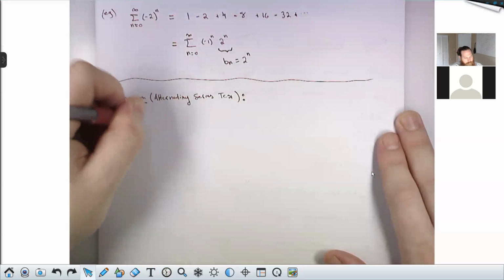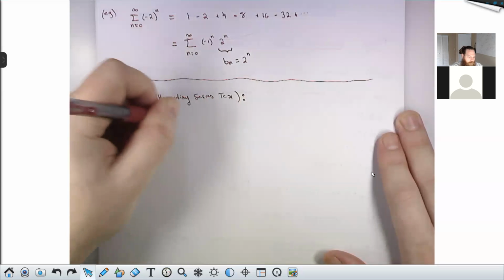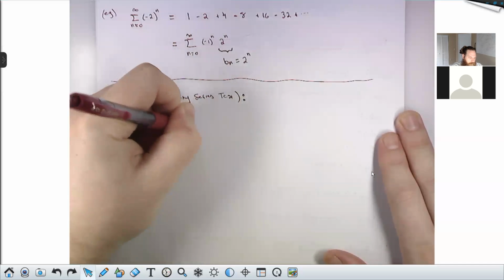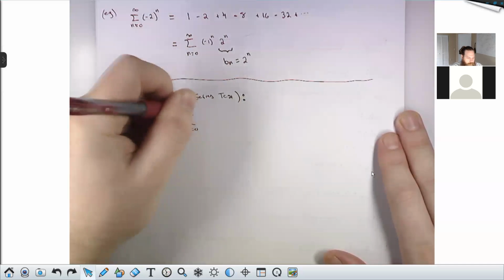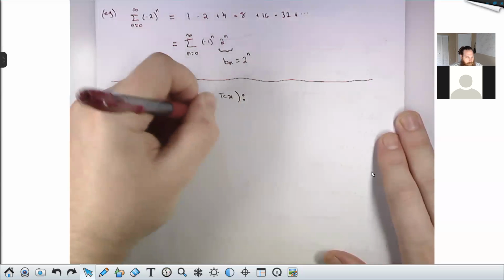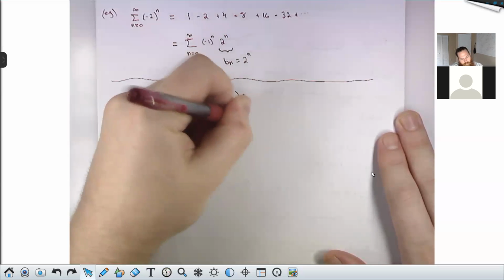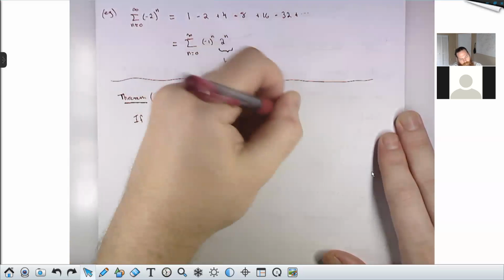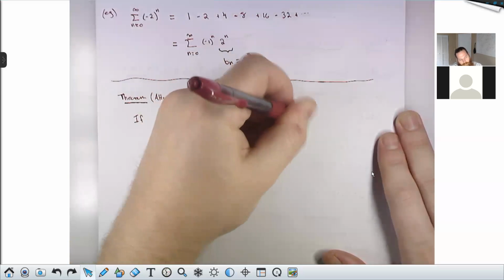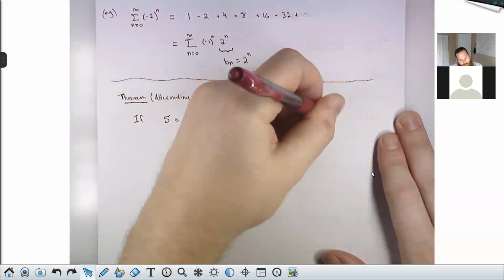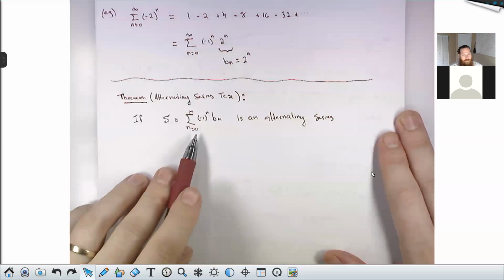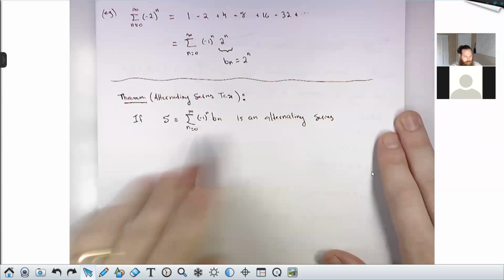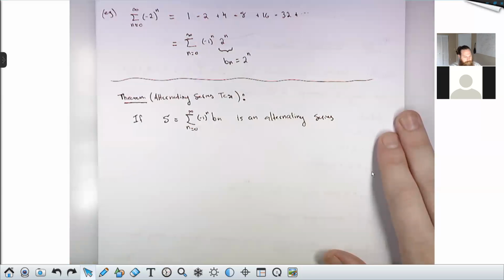It says if S equals the sum from n equals wherever to infinity of (-1)^n times b_n is an alternating series, and remember, it doesn't need to start at 0. We could start at 1 or 2 or 3 and the same stuff would still apply.